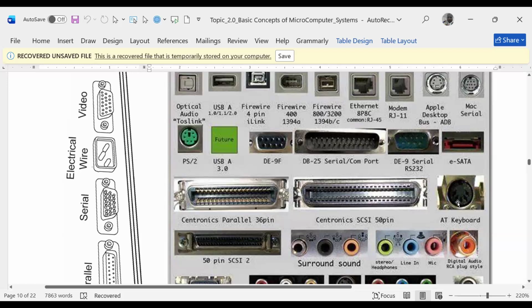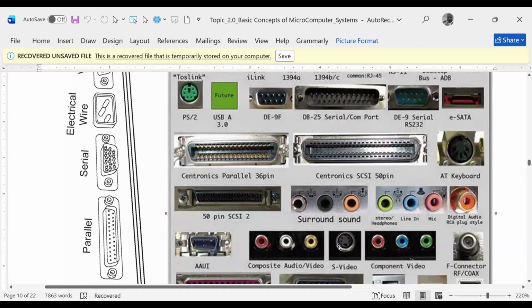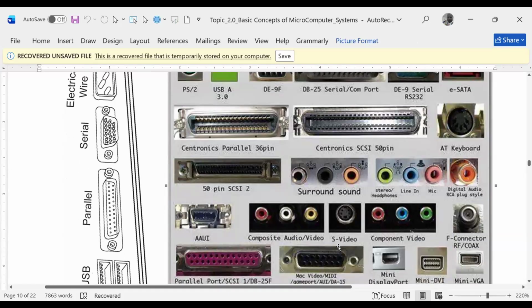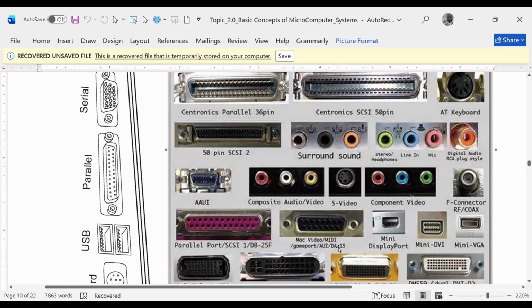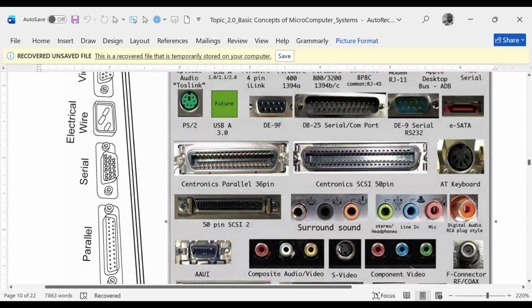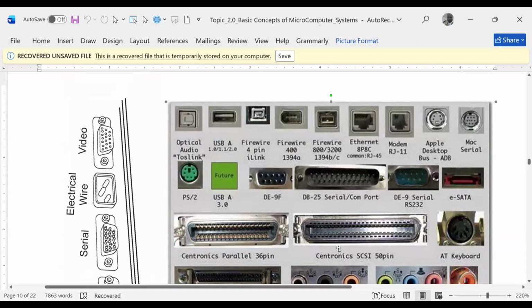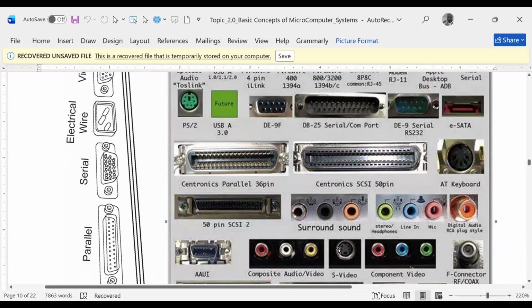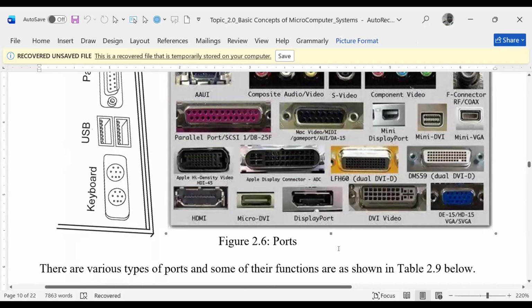These are old types of keyboard and old types of mouse. Different ports. Every device has its own port, so it's impossible to connect a device to a different port. Each port is also compatible with its specific device. Different ports are available in PCs where your external device can be connected.